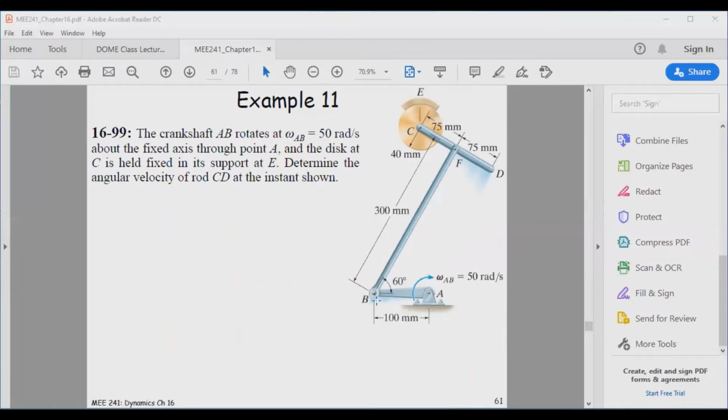All these links are connected with pivots, and here they gave you the angular velocity of link AB, and from this angular velocity we would like to find the angular velocity of CD, right? That link. And how do you guys suggest that we can do this?